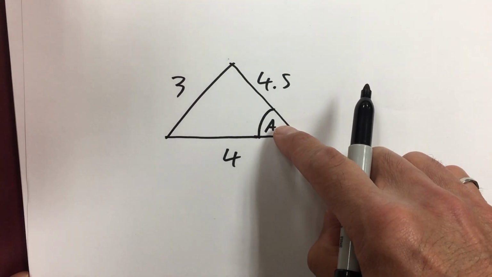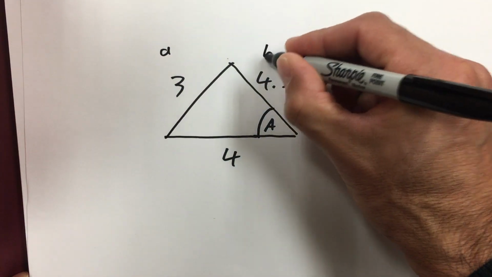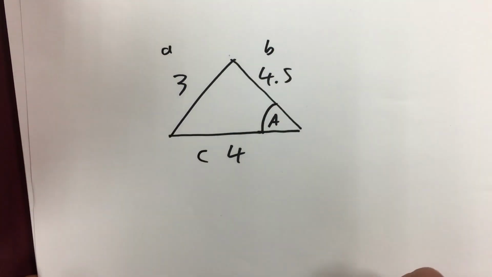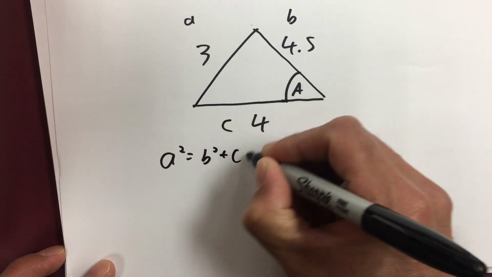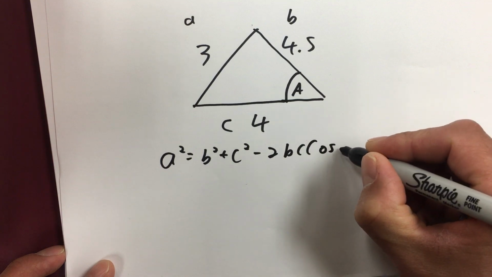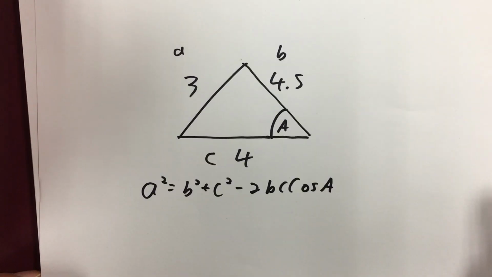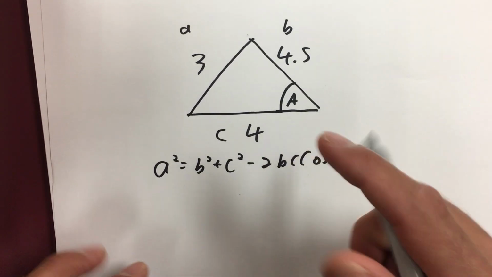Okay, if this is the angle I'm looking for, the side length across from it is A, which will make this B and that C. Now when I go and write everything in, this will be my unknown. I'll have numbers for everything else.